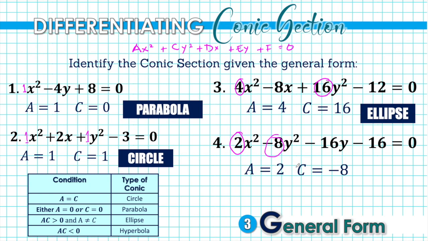So A and C are not equal, so definitely it is not a circle. Neither A nor C is 0, so it's not a parabola. Now the only options are ellipse and hyperbola. Looking at the product of 2 and negative 8, its product is negative 16, which is definitely less than 0. So we can say that this conic section is a hyperbola.